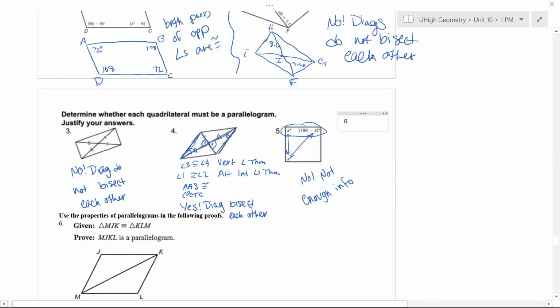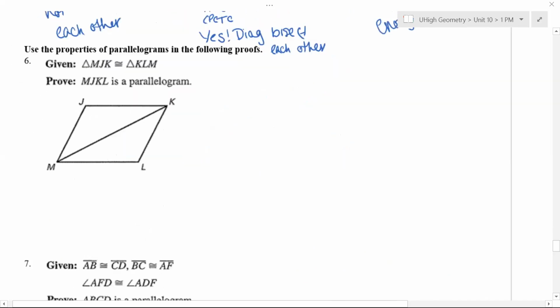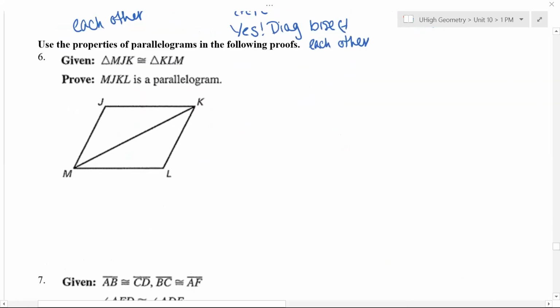So let's go back to number 6 and look at this proof. We want to use the properties of parallelograms in the following proofs. We are given that triangle MJK is congruent to triangle KLM, and we want to prove that this is a parallelogram. So let's set up our proof.